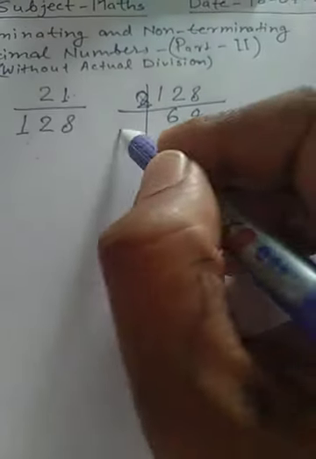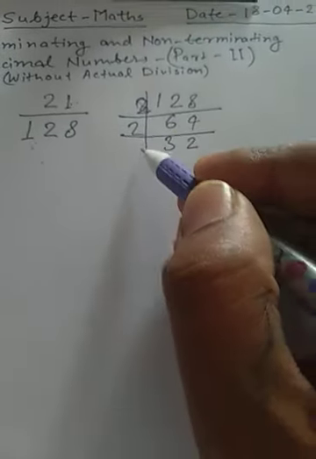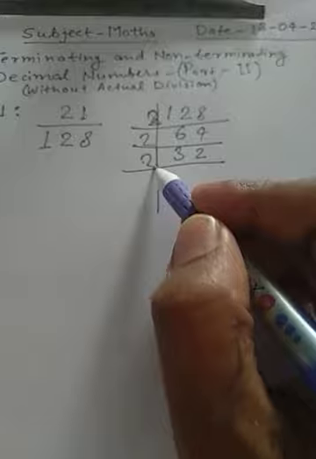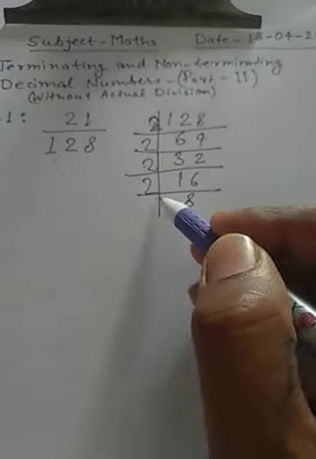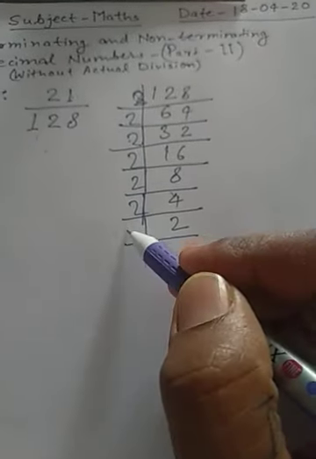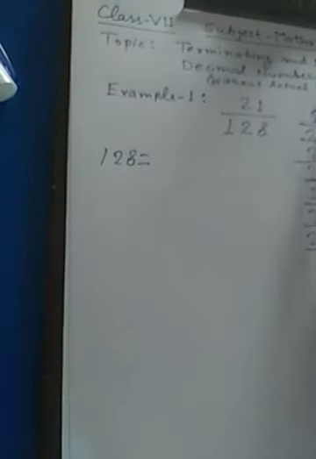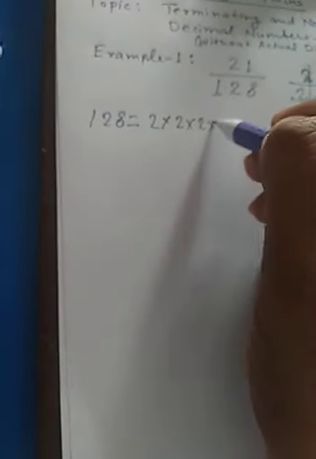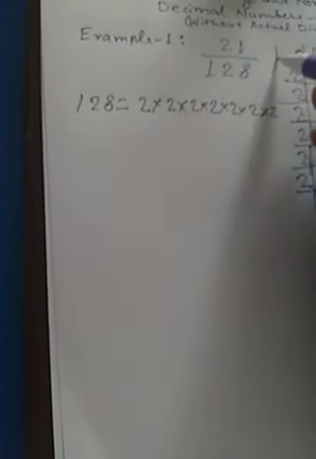2 sixty-fours are 128, 2 thirty-twos are 64, 2 sixteens are 32, 2 eights are 16, 2 fours are 8, 2 twos are 4, and 2 ones are 2. It means we can write 128 as 2 into 2 into 2 into 2 into 2 into 2 into 2.